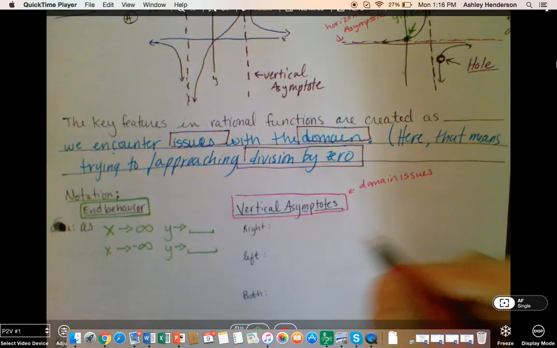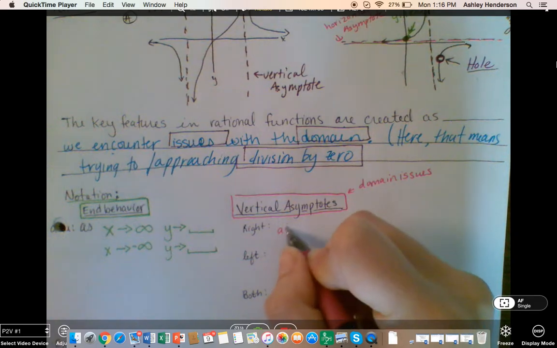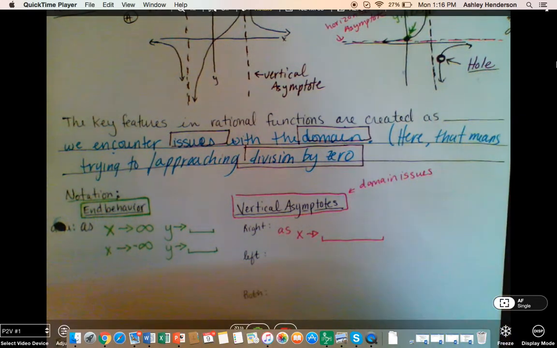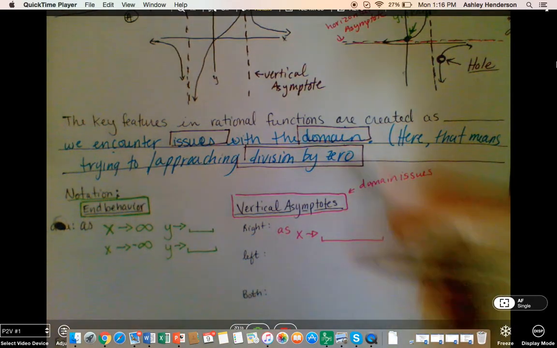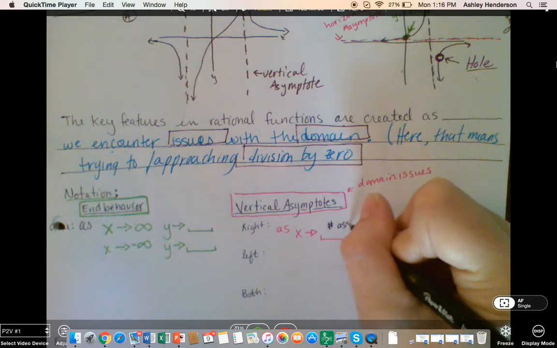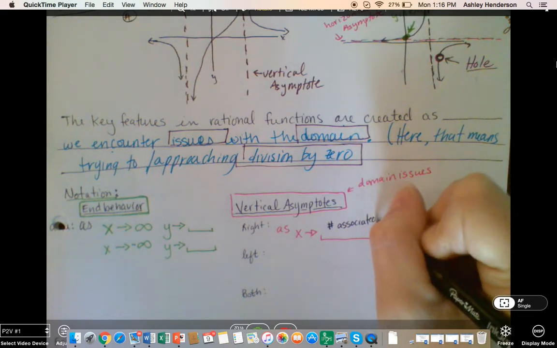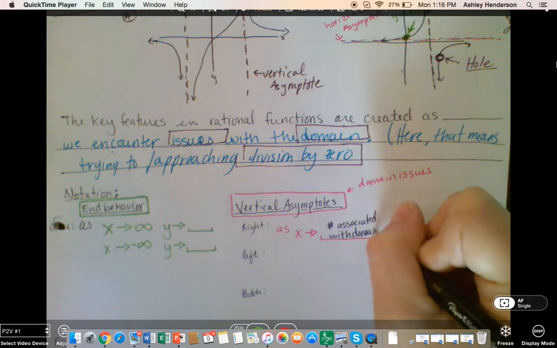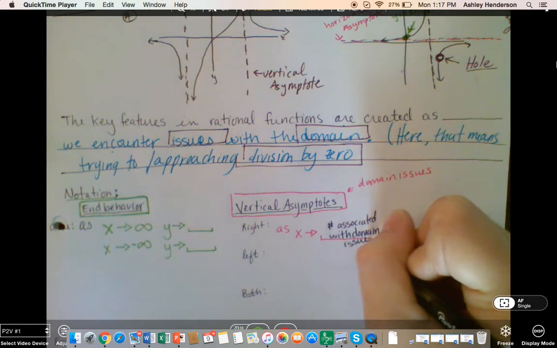So the notation associated with that would be as x approaches, and then what's going to go here is the number associated with the domain issue. Okay?